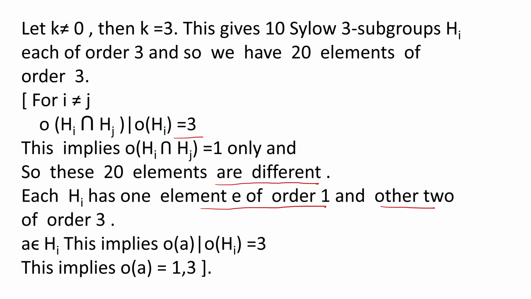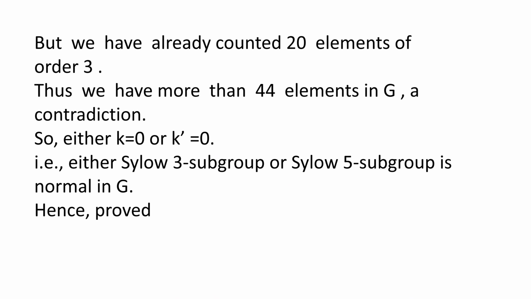If a belongs to Hi, then the order of a divides the order of Hi, which is equal to 3, which implies that the order of a is equal to 1 or 3. But we have already counted 20 elements of order 3. Thus, we have more than 44 elements in group G, which is a contradiction.